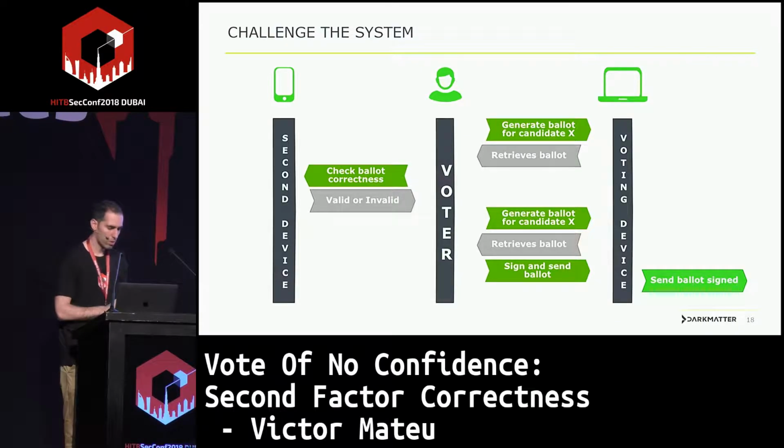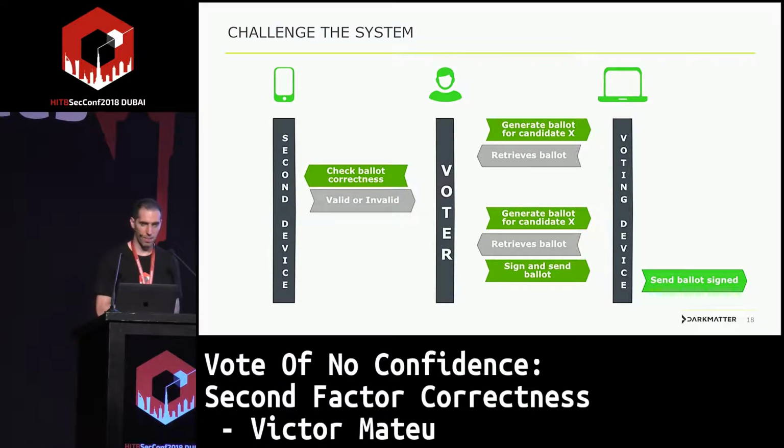The 2 approaches are very different, and here it is basically the flow of operations in those cases. In the first case, you have like 3 operations. First you generate it, then you check the ballot correctness, and you repeat this operation until you are confident in your device, and then you send the vote.